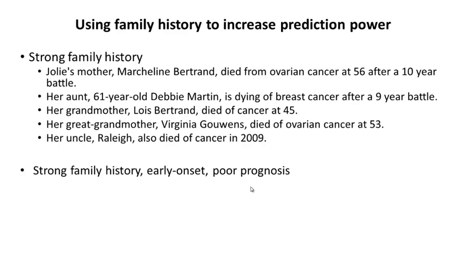Her aunt died of breast cancer in 2013 at 61 years old after a 9-year struggle. Her grandmother also died of cancer at 45. Her great-grandmother died of ovarian cancer at 53. Her uncle also died of cancer in 2009.